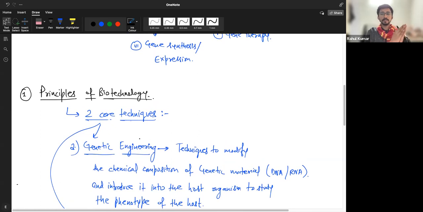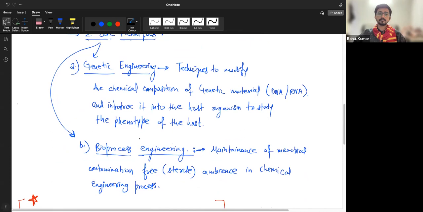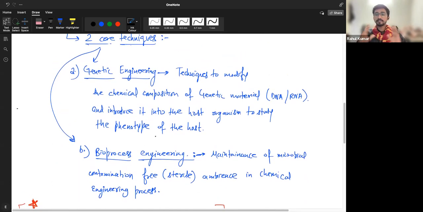Or we play with everything around it, which means the environment, sterile ambience, tools, and techniques, which help us do this chemical engineering better.